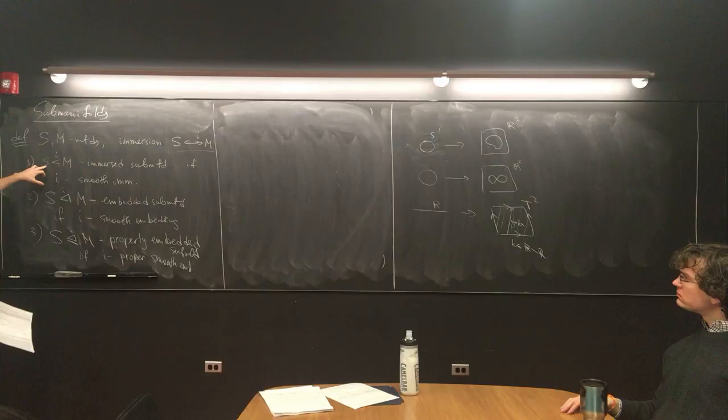Okay. The proof is also very simple. So remember that the set of all regular points, which in this case is the same as the set where the rank of f is maximal, is open, right? Do you remember that statement that the set of all points where the rank is maximal is always open?